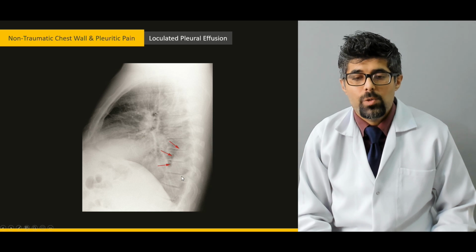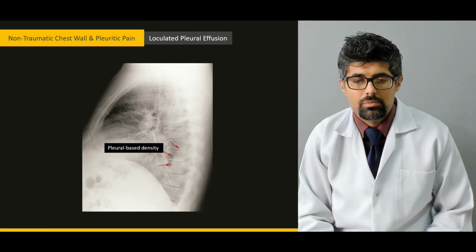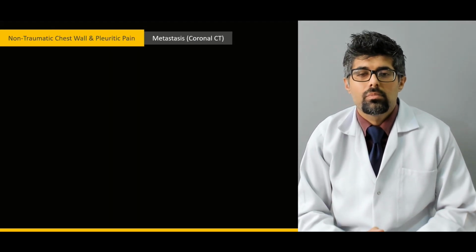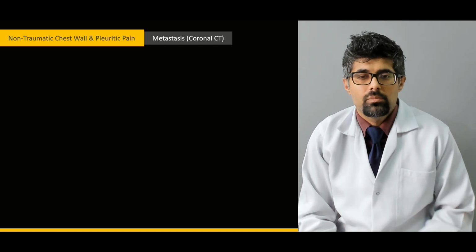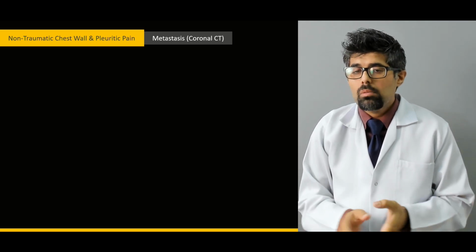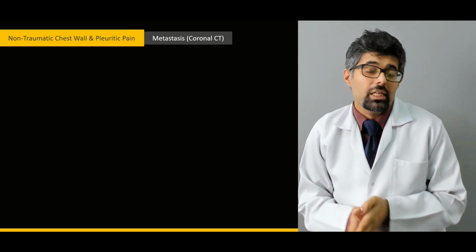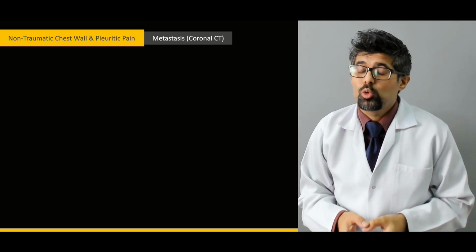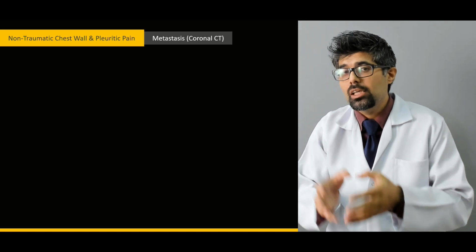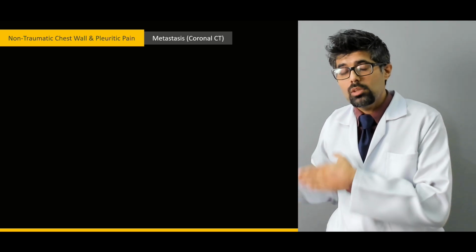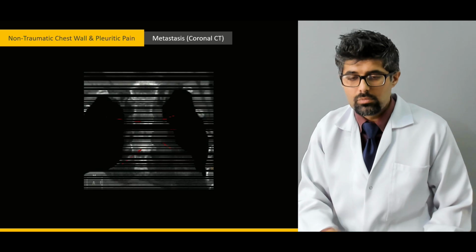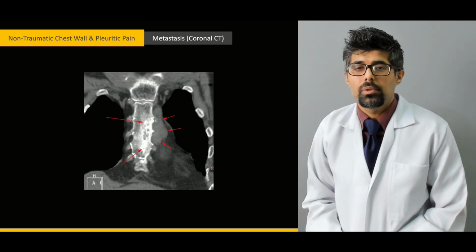Next, we have metastasis. Now, all primary tumors of the chest wall, especially the malignant ones and the blastomas, have the capability to metastasize in the same area. Here is an example.